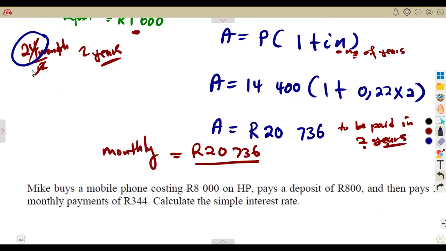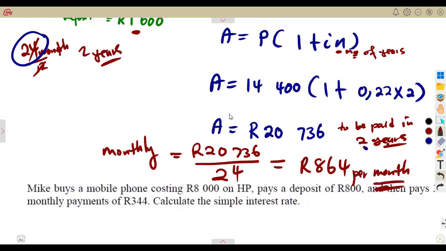Already we are told it is 24 months, which is the one that we obtained the 2 from. So out of these 24 months, in each month, she is going to be paying how much? That is going to give you 864. That is per month.